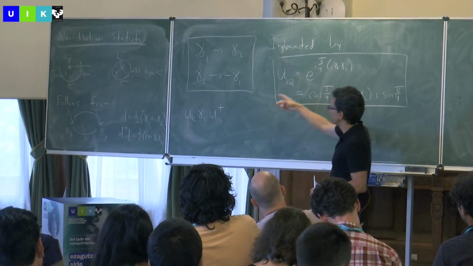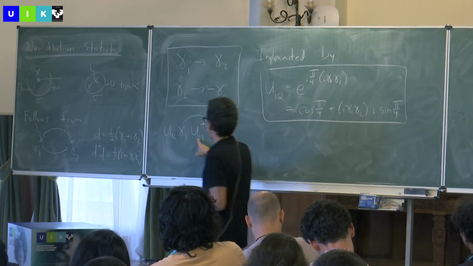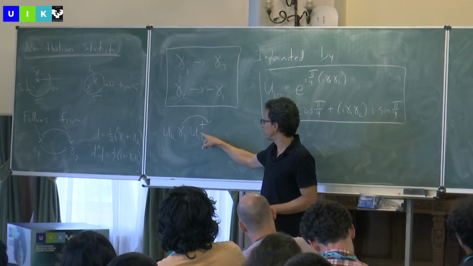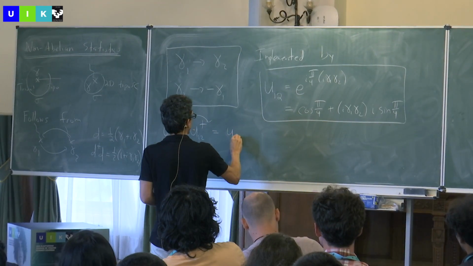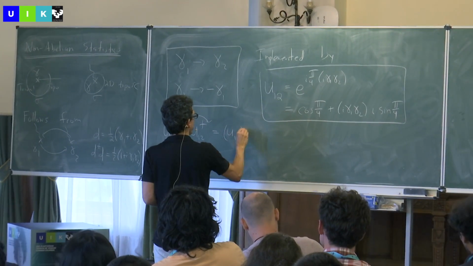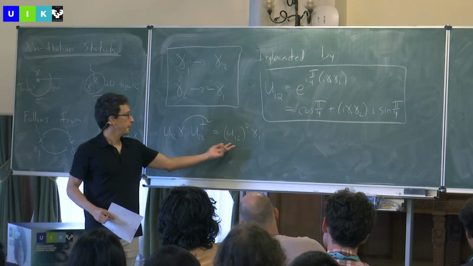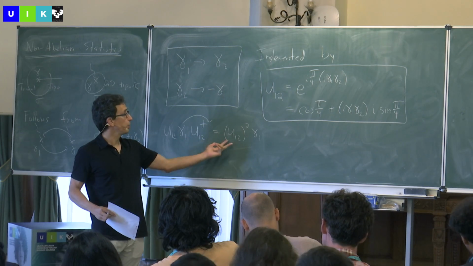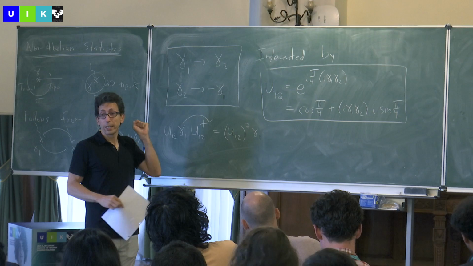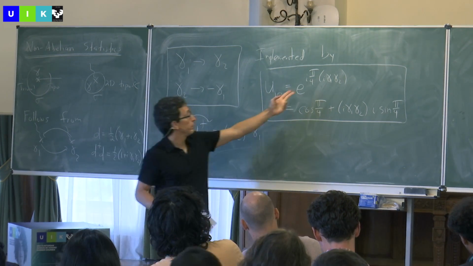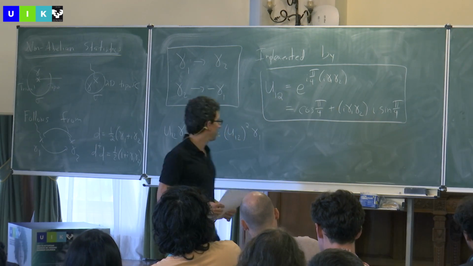So if I take gamma 1 past U12 dagger, I'm going to remove the dagger. So this is equal to U12 squared times gamma 1. And this is a nicer way to represent this operation, because U12 squared is actually just i times i gamma 1 gamma 2, because this becomes a pi over 2 instead of a pi over 4. And then that's what you get.